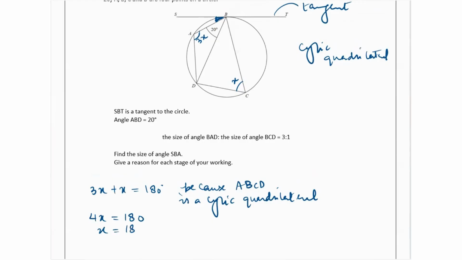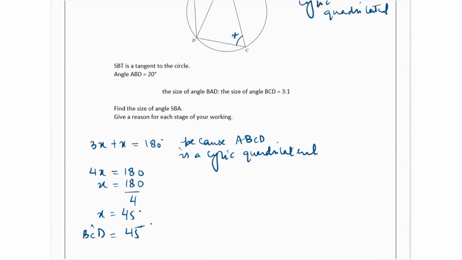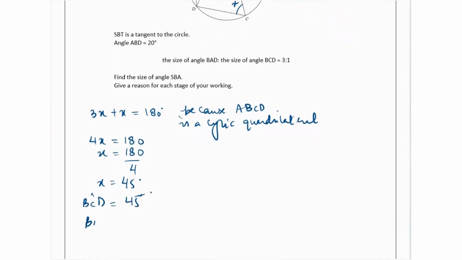X would be 180 divided by 4, and that is 45. Which means BCD is 45 and BAD would be 45 times 3, which is 135.